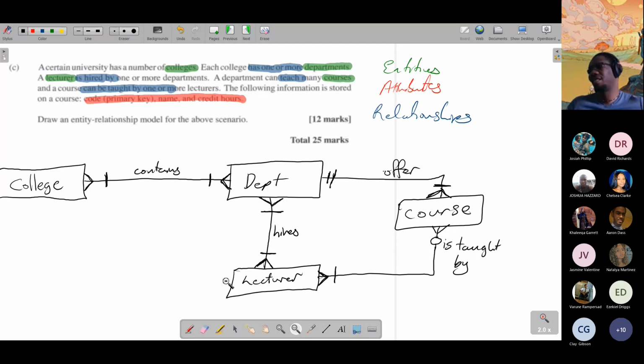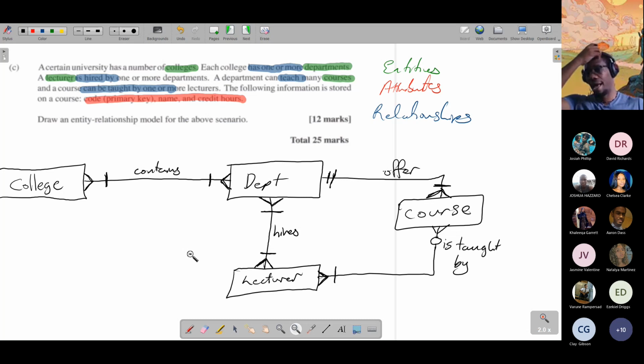But then, maybe this semester, we don't have any courses in biology being taught. So while a lecturer belongs to the biology department, the lecturer for biology is not teaching any courses right now. So that's where the 0 comes up in terms of course. All right, so a lecturer could be there, but they just don't have any courses.